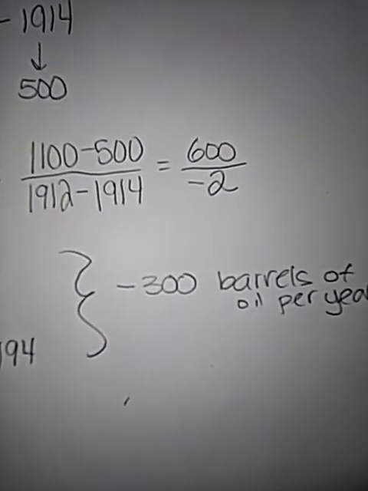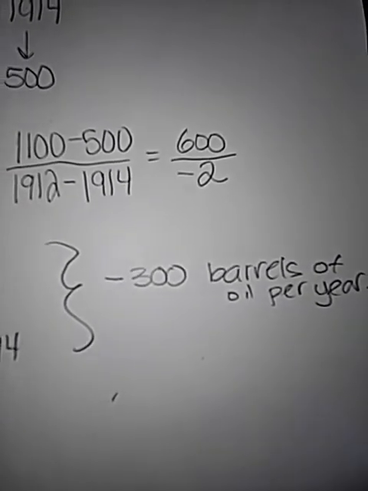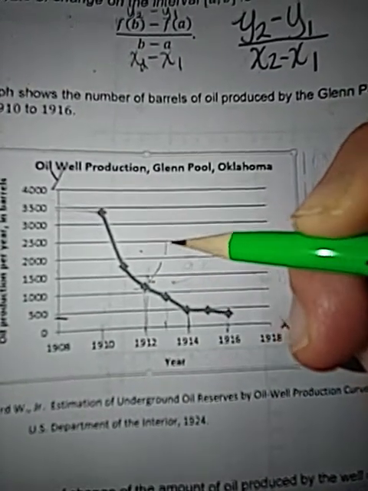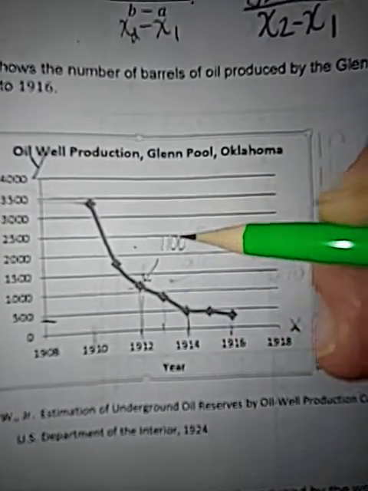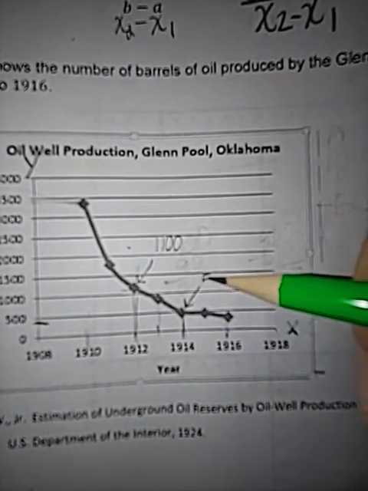Which makes sense because remember the original function was decreasing, so I know that they have to be producing less barrels of oil per year. All right, so now let's look at the graph. So in 1912, remember we said that this was 1,100 barrels of oil. And in 1914, it was 500.